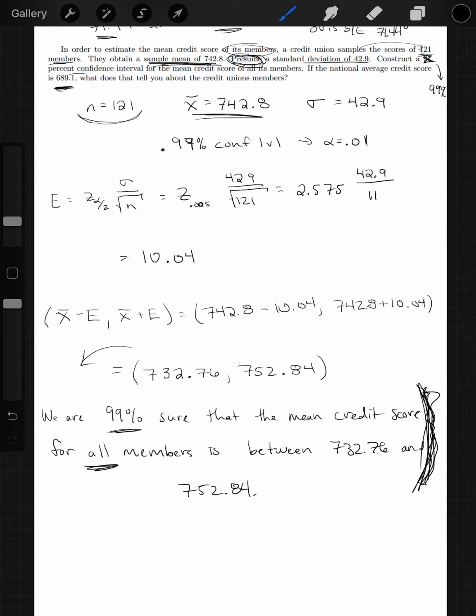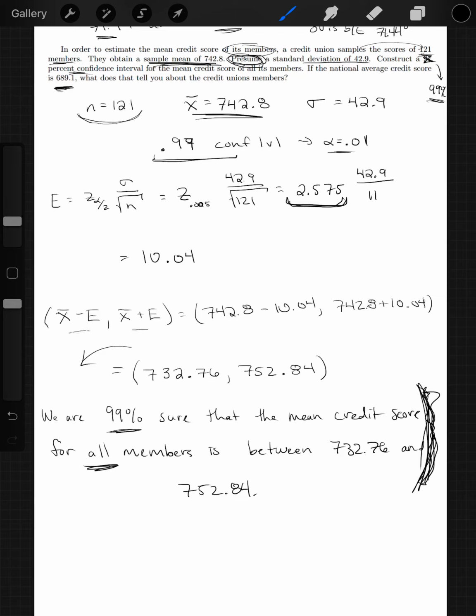I had to correct a typo here because I realized that the table in the book didn't have the original value. So we're constructing a 99% confidence interval. That tells us that we have a 0.99 confidence level. So we figured out what alpha was. We used that to figure out what our critical value was, and we plugged everything into our calculator and got 10.04.